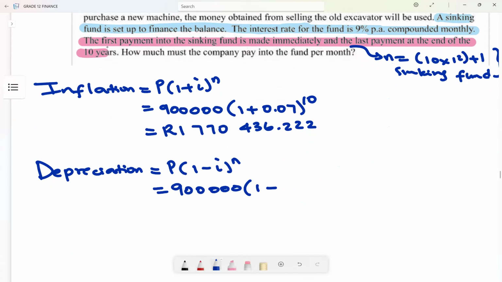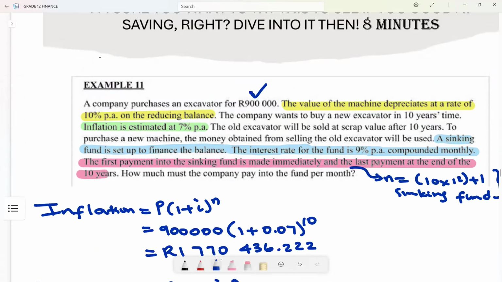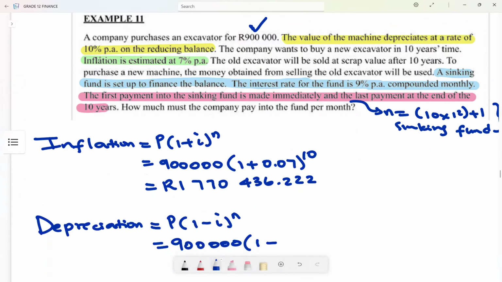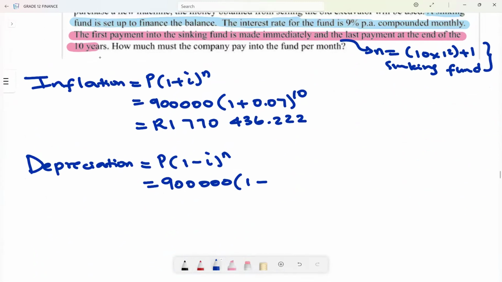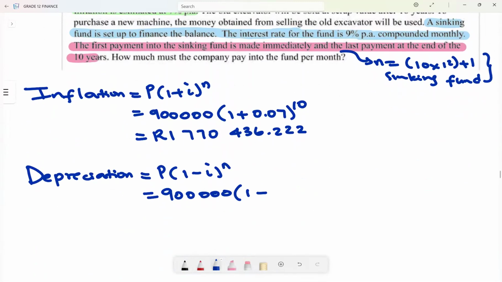The interest is different. Depreciation and inflation do not use the same interest. It is 10%. So I'm just going to say 0.10, which is 10% divided by 100, and then to the power of 10.